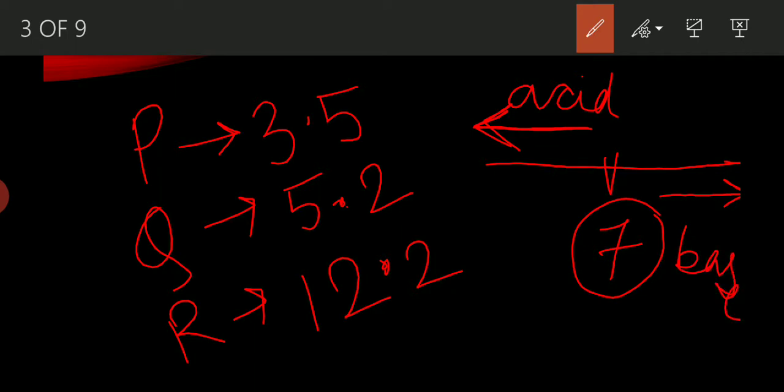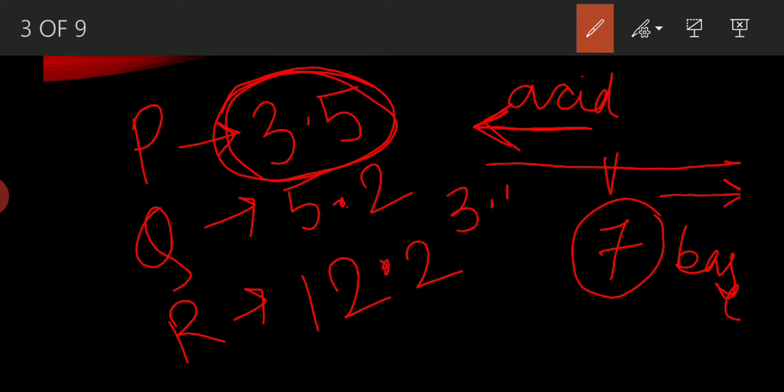Now, first question is, among these three, which one will be a weak acid? The smallest is 3.5, which is of P. 3.5 means it's a very strong acid.